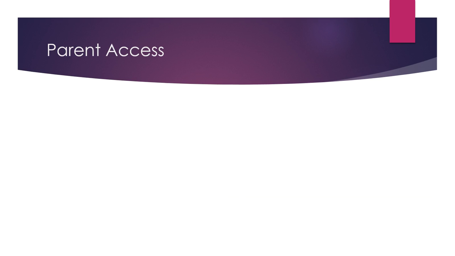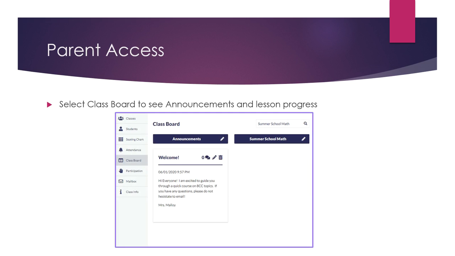If you click on their profile, you will then be able to see our class, summer math, and then you'll be able to go into that class and see any announcements that I post, any assignments that are coming up, as well as hopefully a calendar. I haven't quite figured out if that's listed yet, but a calendar of suggested pacing.